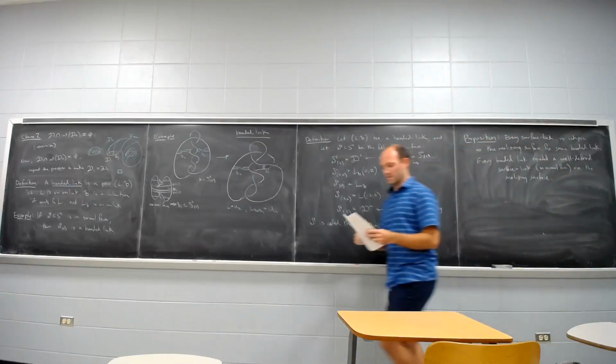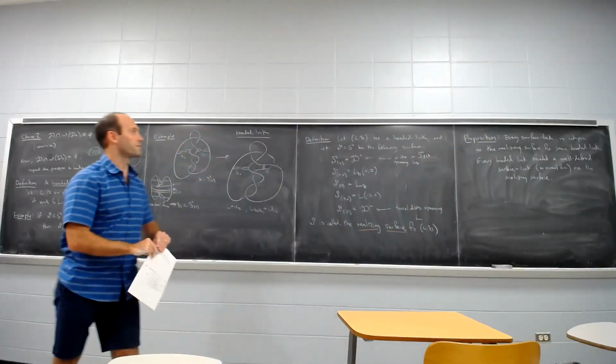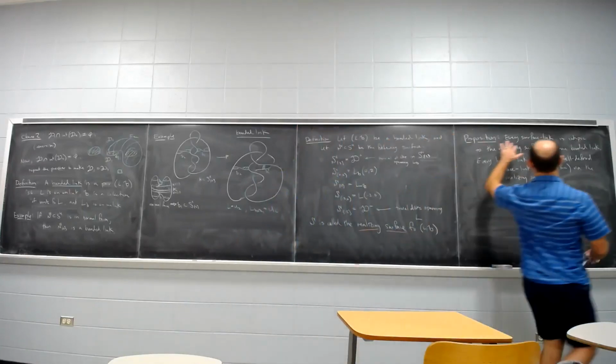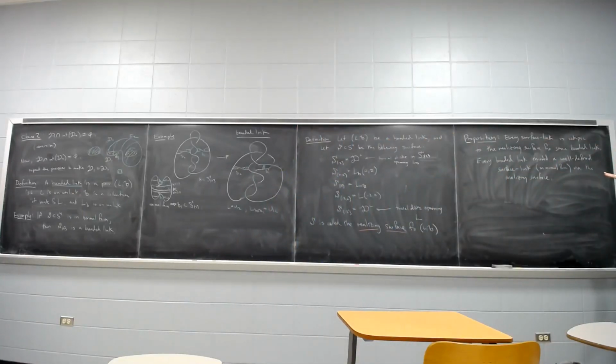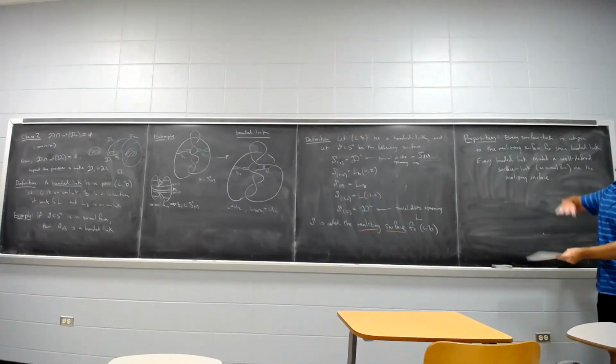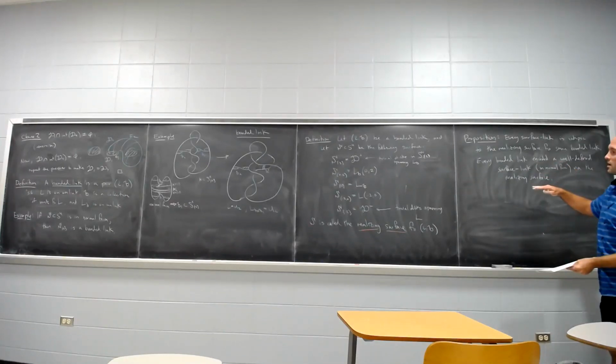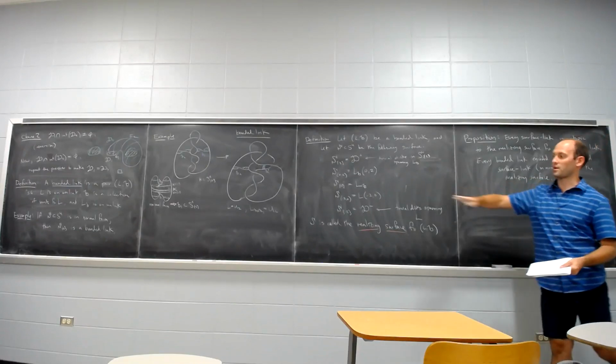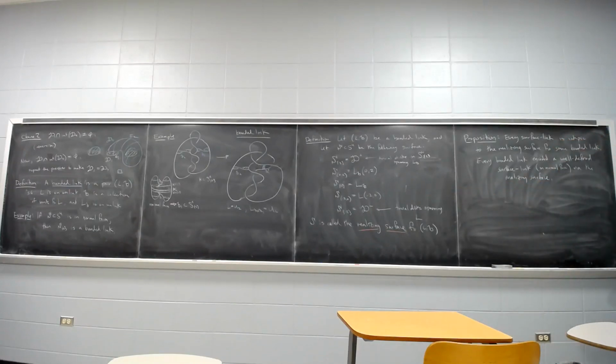Okay, so I think we've essentially already proved everything in this proposition. We've already seen that we can put a surface link in normal form, and that once a surface link is in normal form, we can take the equator cross-section to get a banded link.